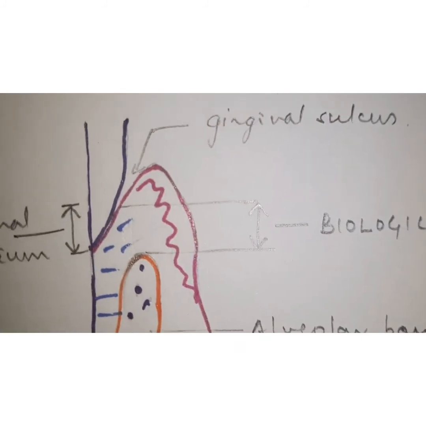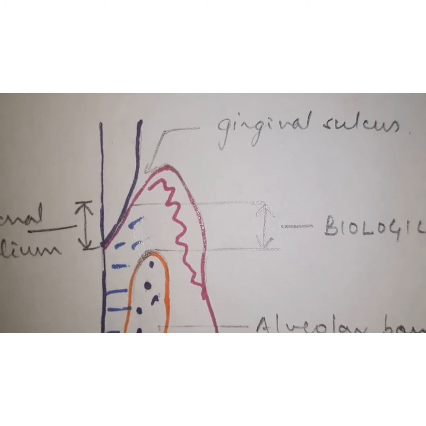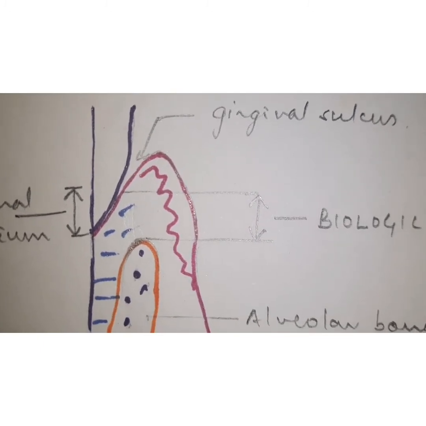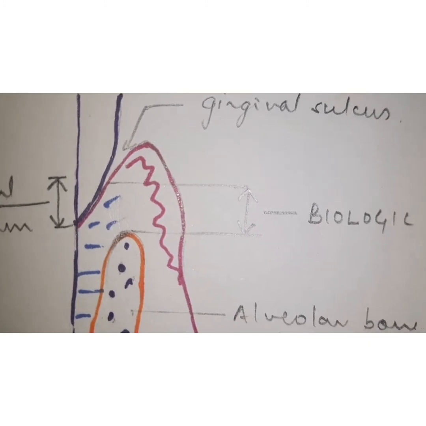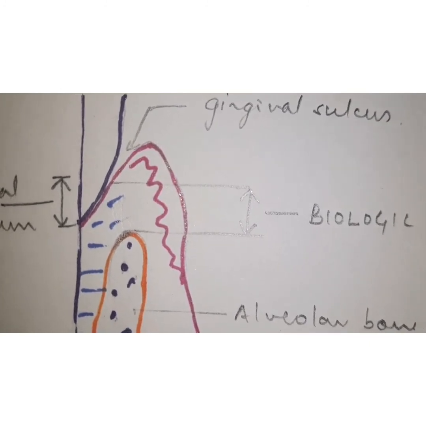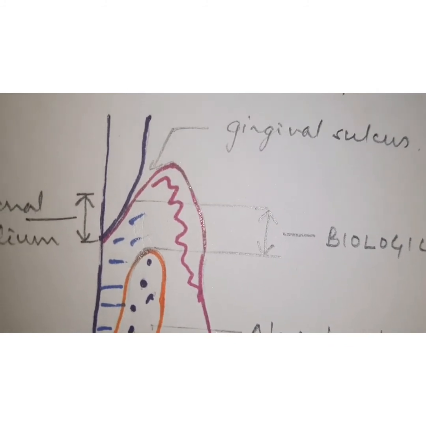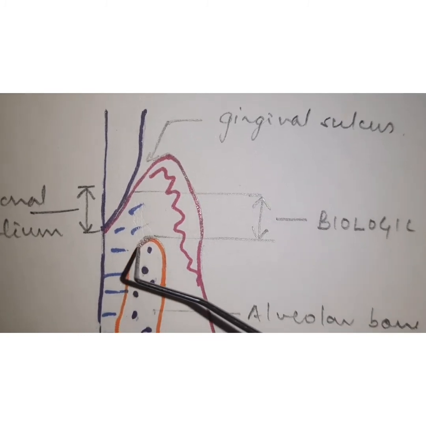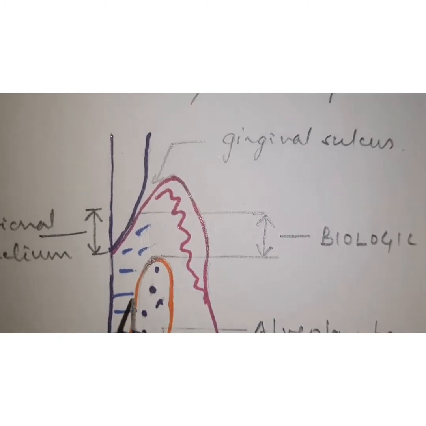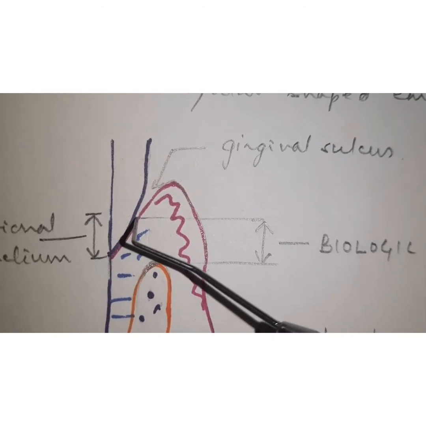So whenever you are giving a restoration, you should never violate this width, because if you do so, then there is a chance of attachment loss and there will be chances of bone loss. So it is always advisable that there should be at least a gap of 3 millimeters between the crest of the alveolar bone and the gingival margin.